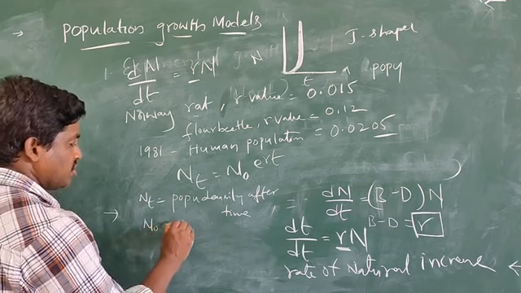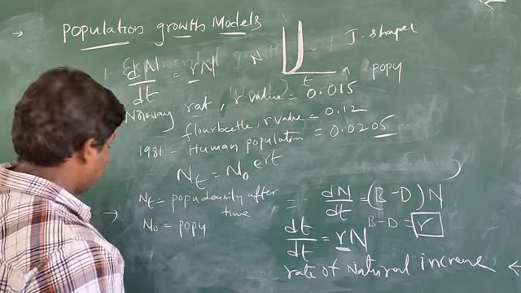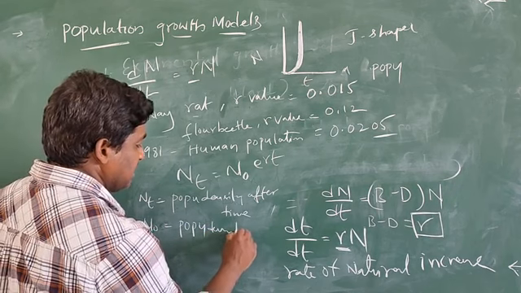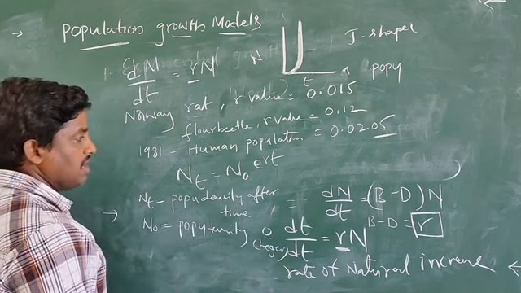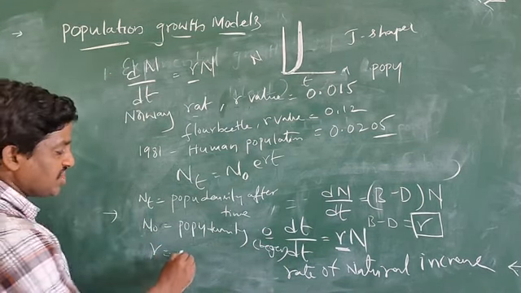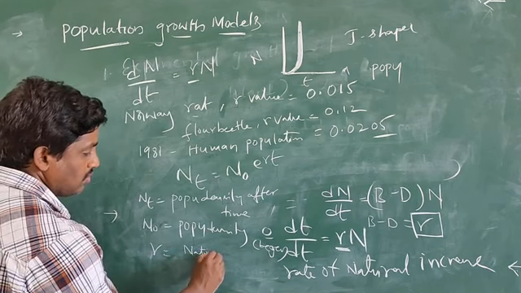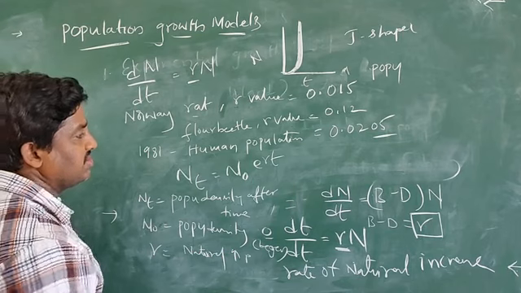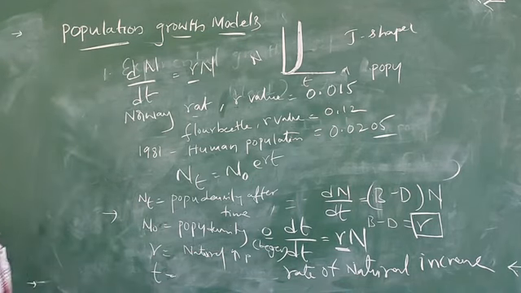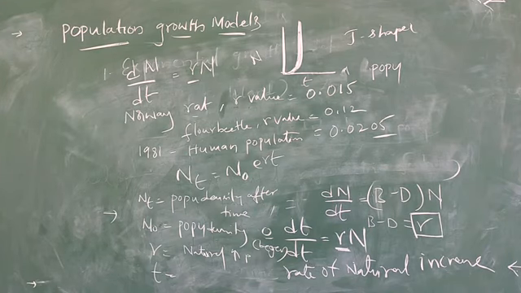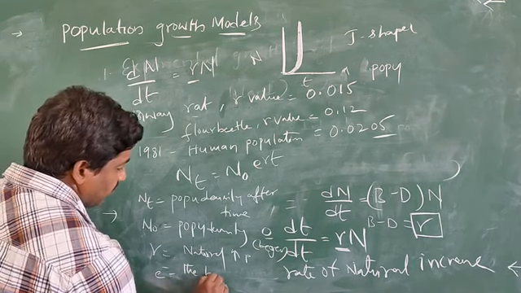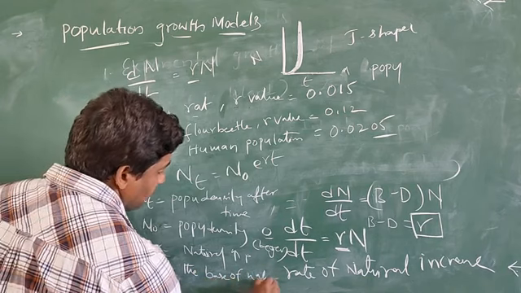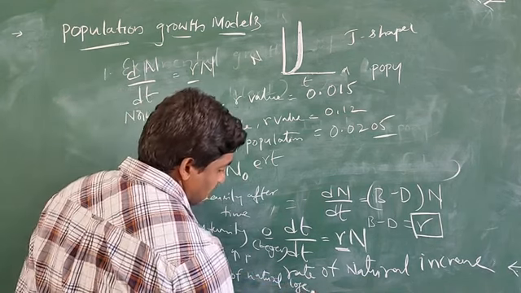Here N0 means the population density at zero, that means the beginning time. Here r means the natural increase in the population. T means time, already you know this. And also here e means the base of the natural logarithm.